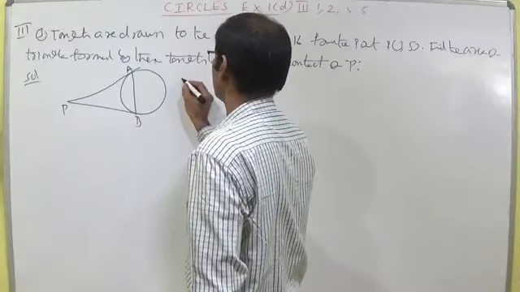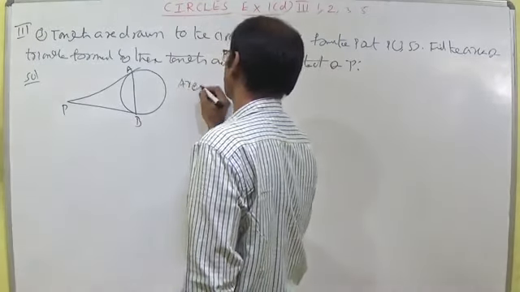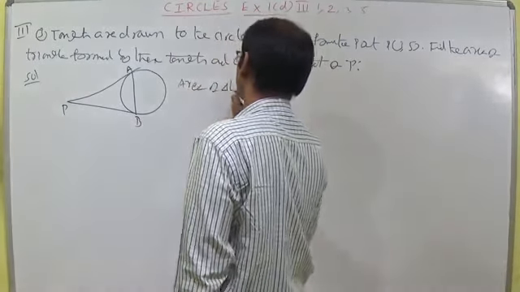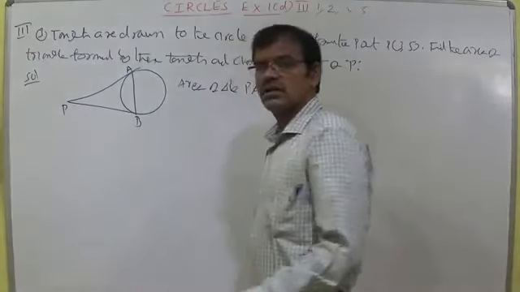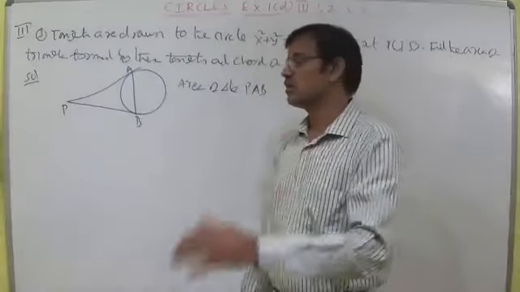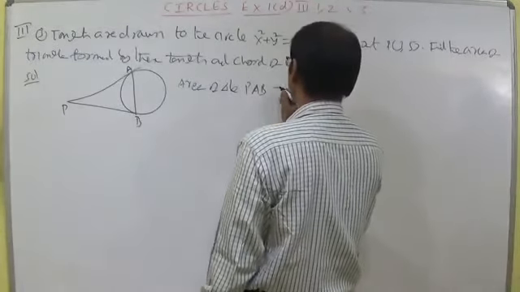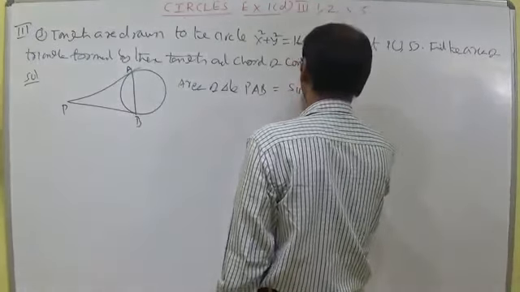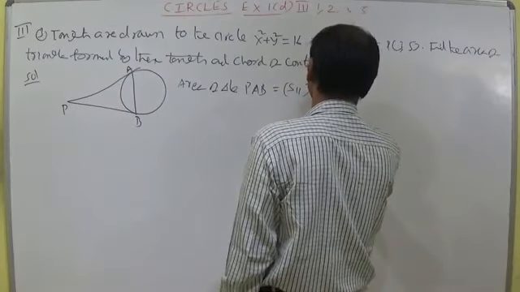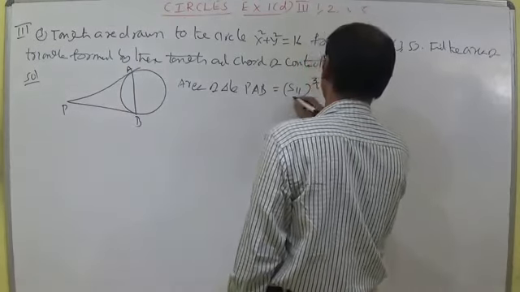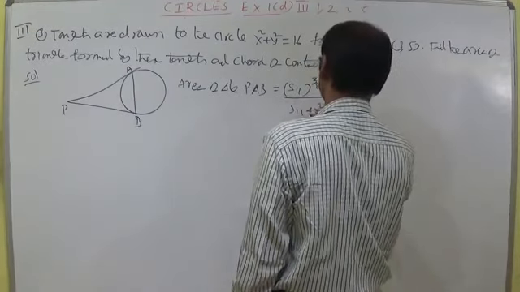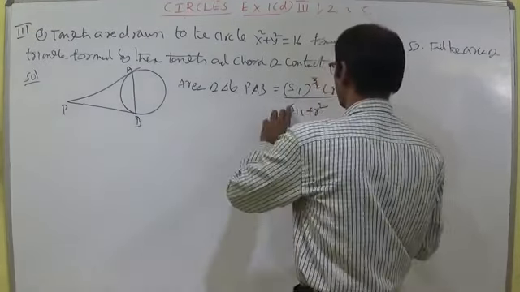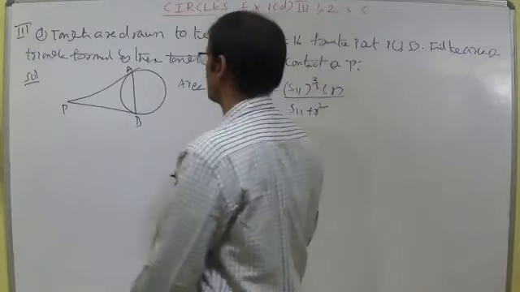Depending upon that, you should calculate this area. Area of triangle PAB means the area of the triangle formed by tangents with the chord of contact. We proved this formula in the example.